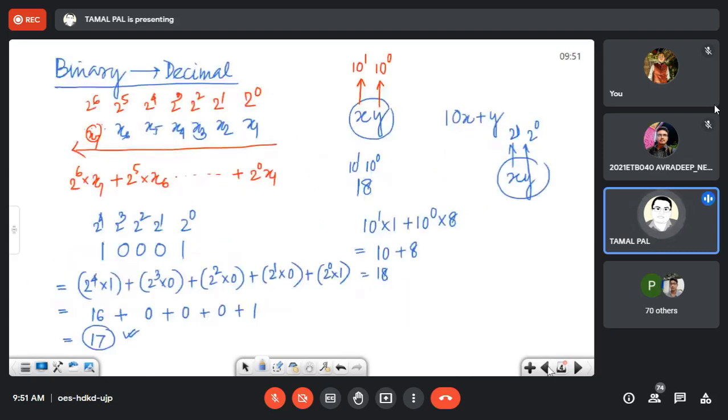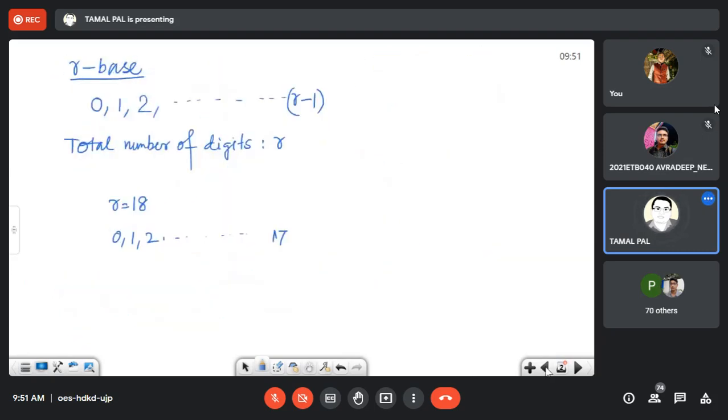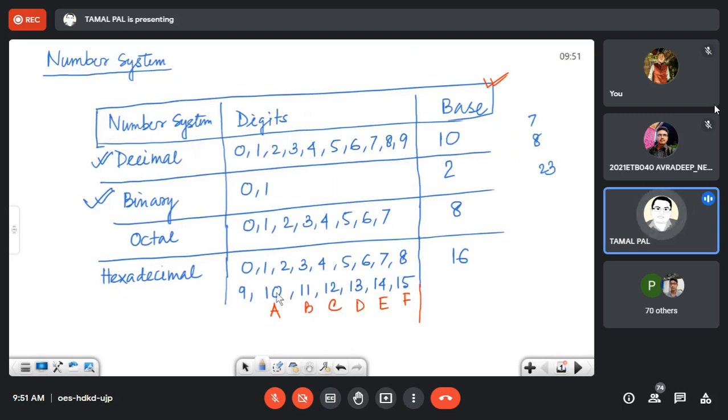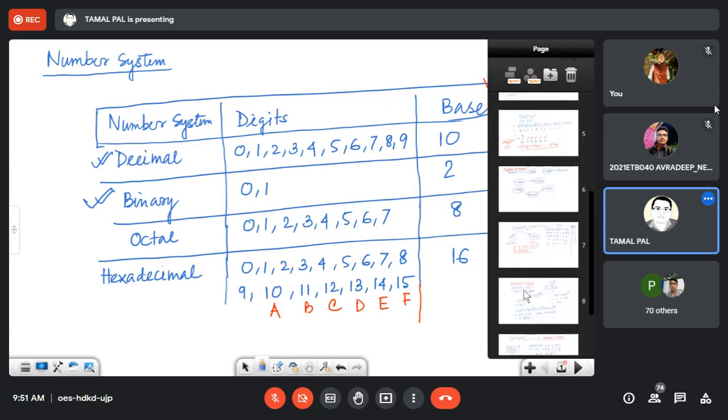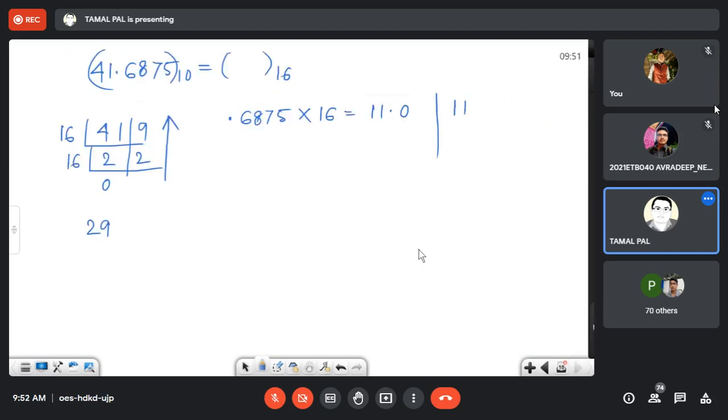I am also referring to that slide because for some people it is still a new lesson. 10 means A, 11 means B, 12 means C, 13 is D, 14 is E, 15 is F. So 11 means B. So actually the number is 29.B in hexadecimal.